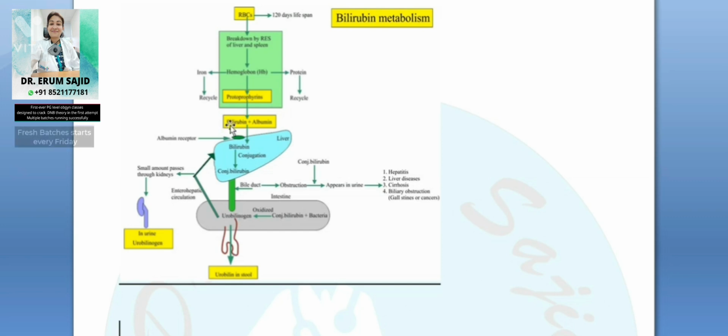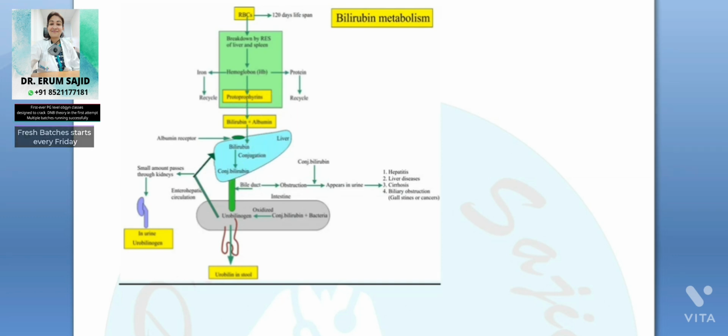So suppose something is wrong with the liver, more unconjugated bilirubin, or indirect bilirubin, is going to be there. If this duct is obstructed, more conjugated bilirubin is going to be present, right?